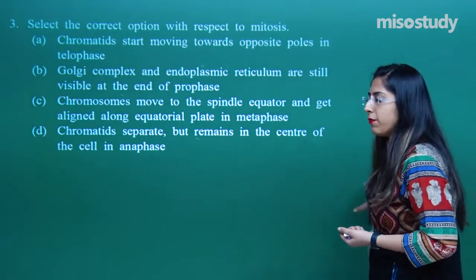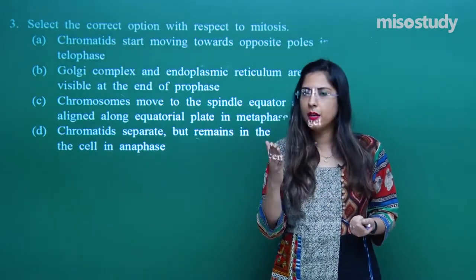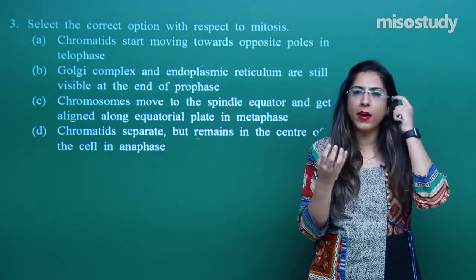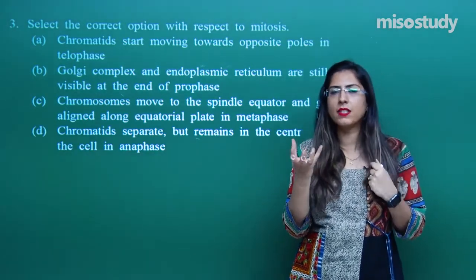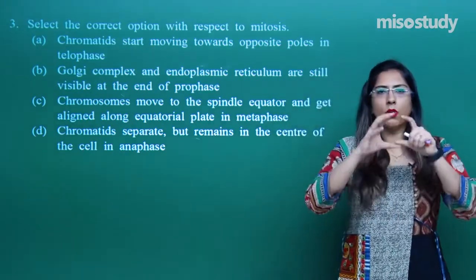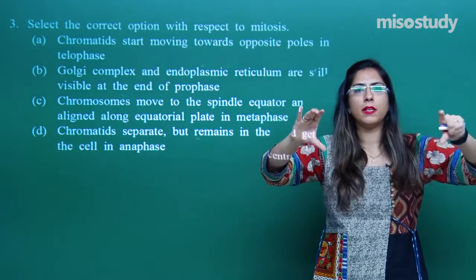We have studied the different phases: prophase, metaphase, anaphase and telophase. In the prophase, chromatin fiber formation and condensation start occurring. In metaphase, the chromosomes start arranging themselves at the metaphasic plate, or the center plate.